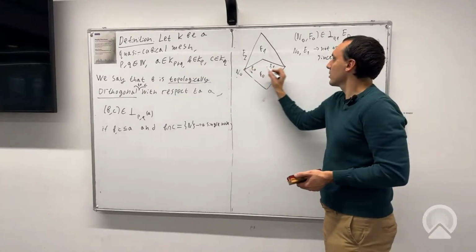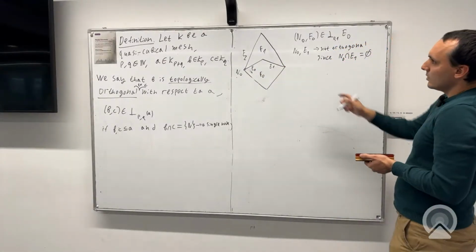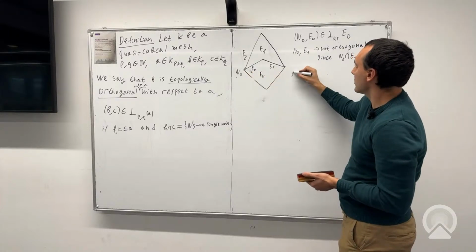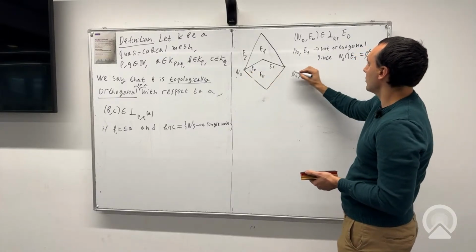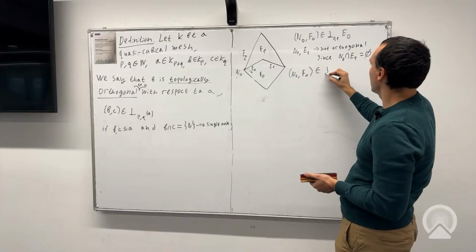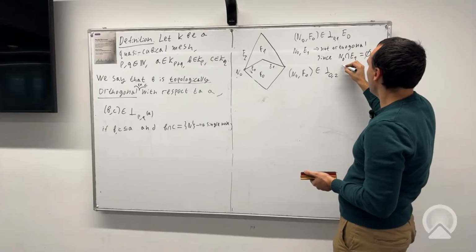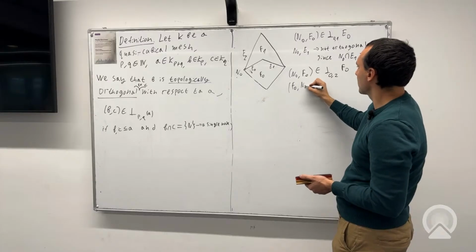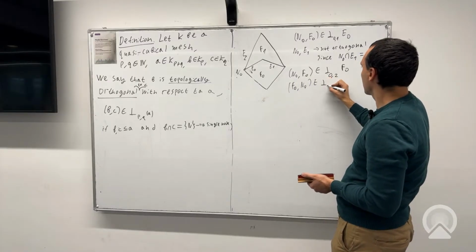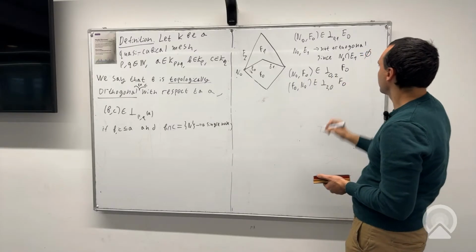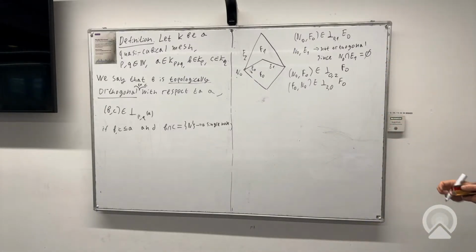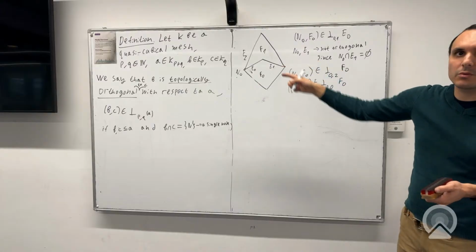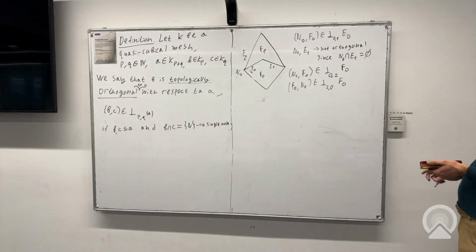Another trivial example is N0 with F0, which is perpendicular to F0, and we can have the other direction as well. So when one of the cells is a zero cell, it's trivial. It should be just a subcell of the other.